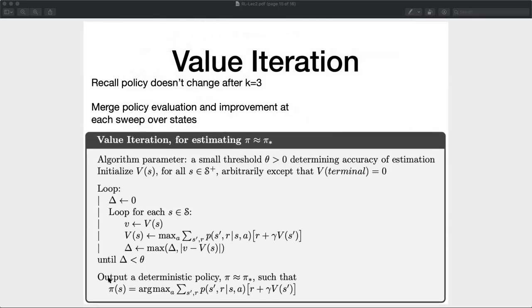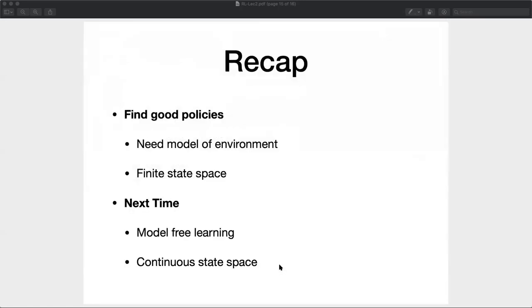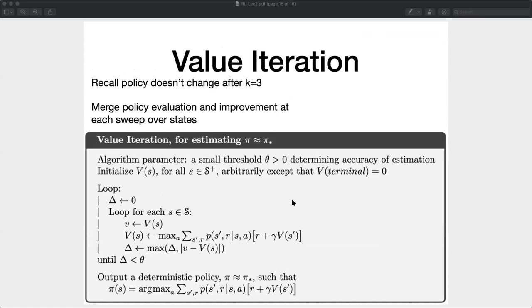What we're going to get here is a policy that's close to the optimal one. And so what I've got for you today is a method to find the best policy, or at least how to improve your current policy.